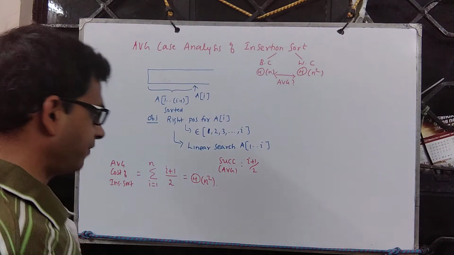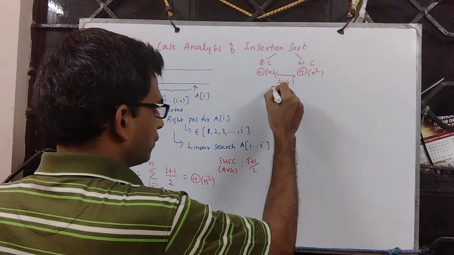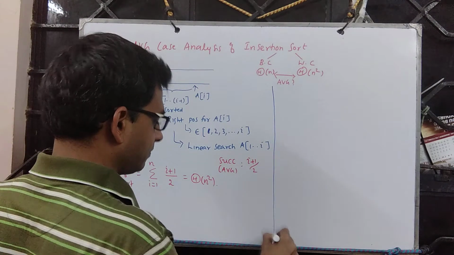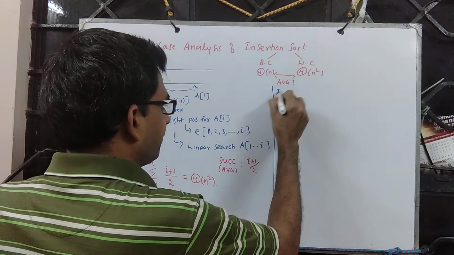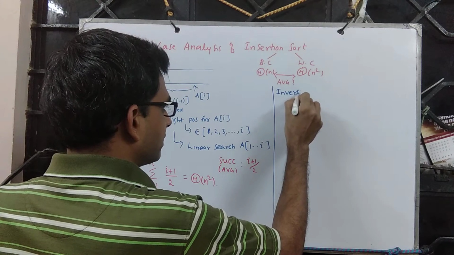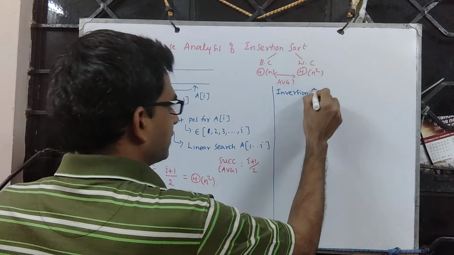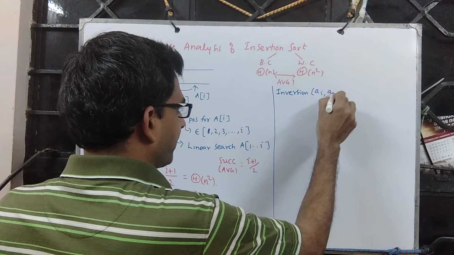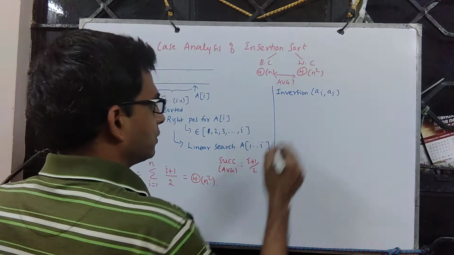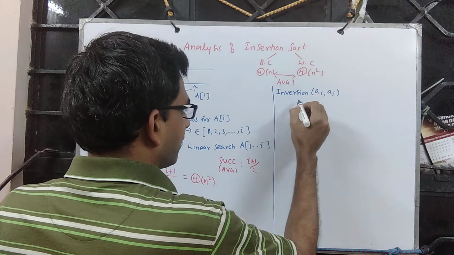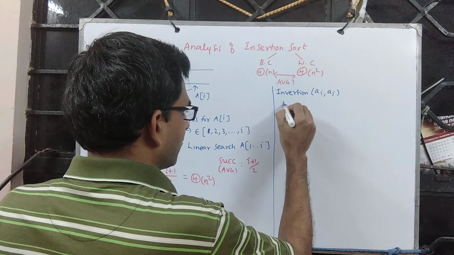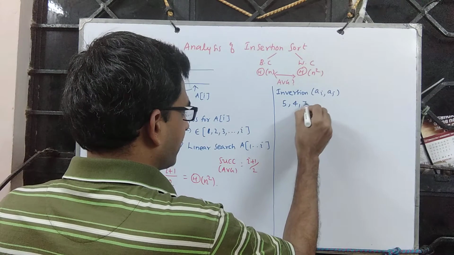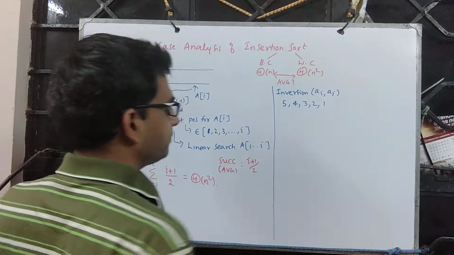There is one more way of looking at this, that's through equivalence classes. We define something called an inversion between a pair. For example, look at the array 5, 4, 3, 2, 1.